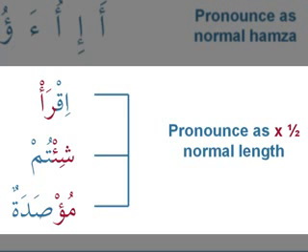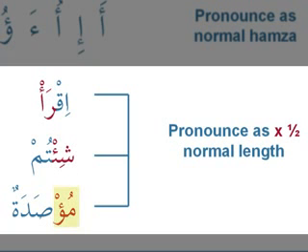Okay, so we'll just go through these examples. The first one is iqra. You literally shorten the ra, which would normally be one long, cut it down to about half the length. So we shorten it. The second one is shi'tum. Instead of the full length, you cut the E sound in half.